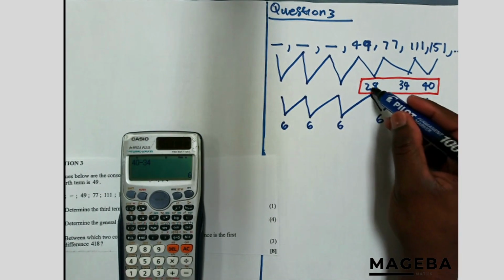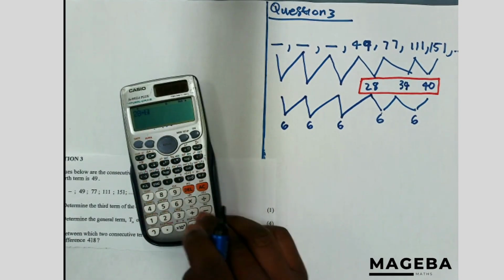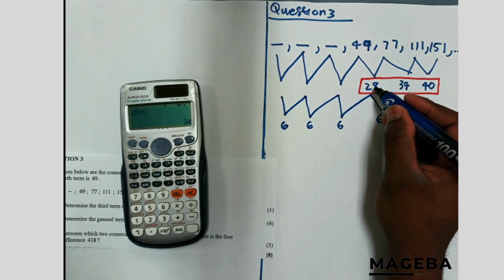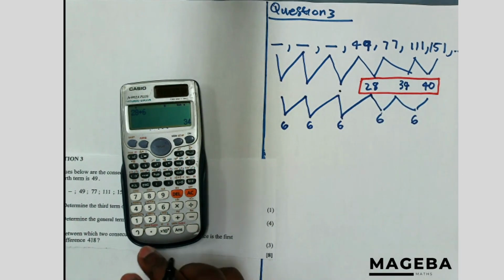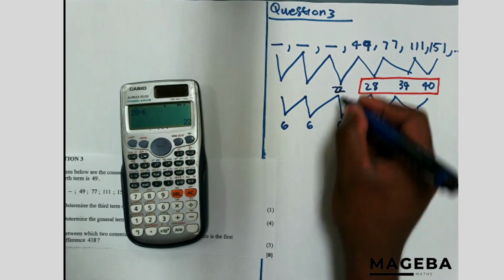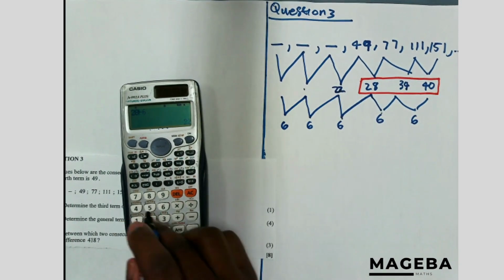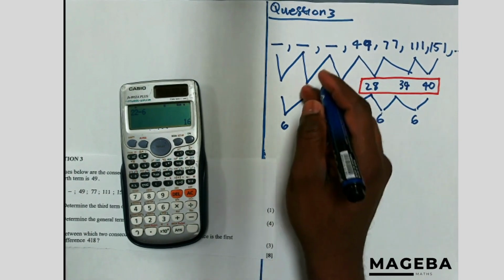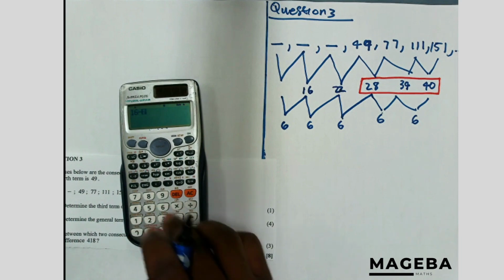To go forward, we add: 28 plus 6 gives 34. To find the previous one we say 28 minus 6, which is 22. Then 22 minus 6 gives 16.